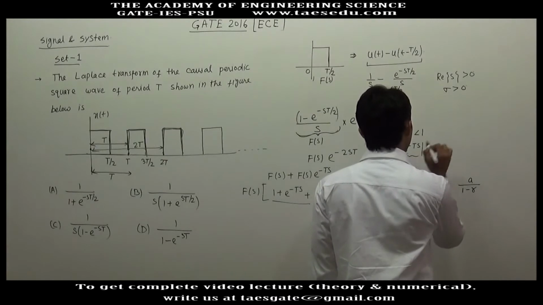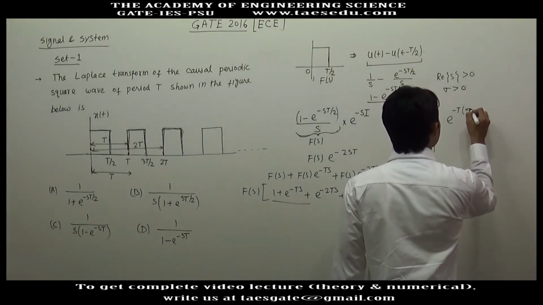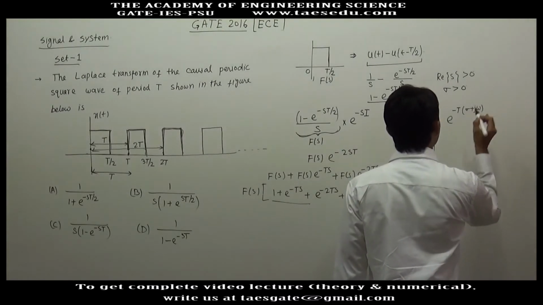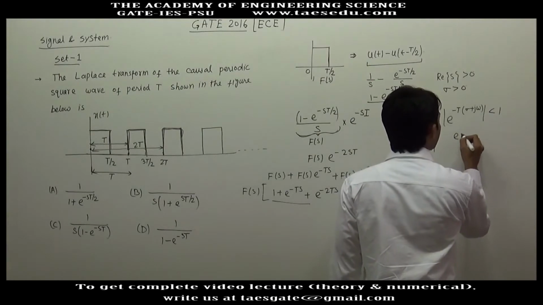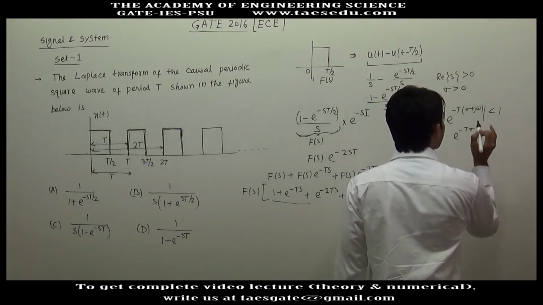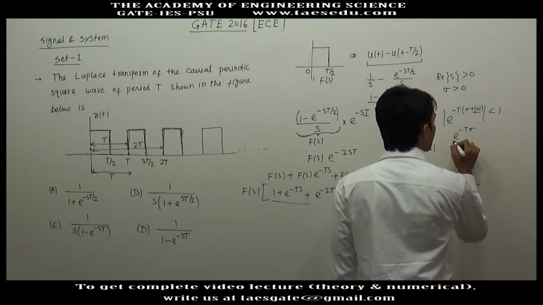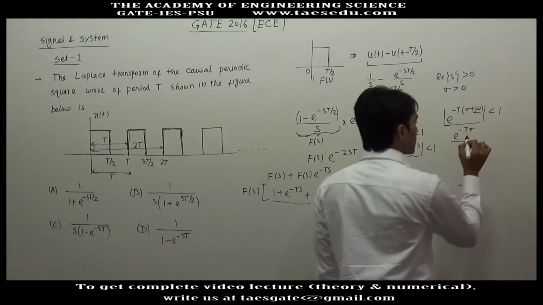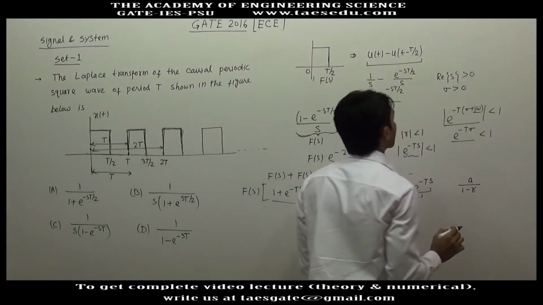With s equal to sigma plus j omega, the mod gives e to power minus T sigma times e to power minus j omega T, which gives 1. So the mod of this quantity is e to power minus T sigma, and this has to be less than 1.